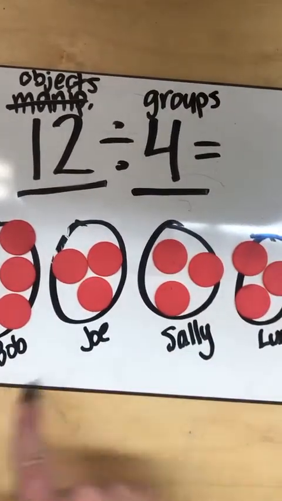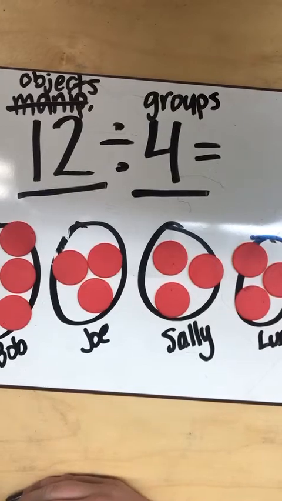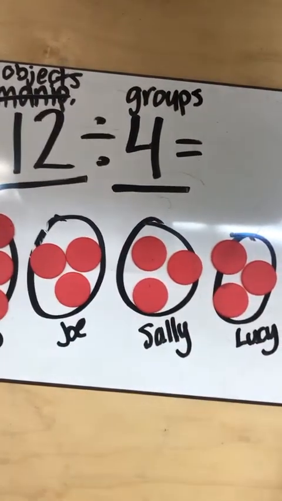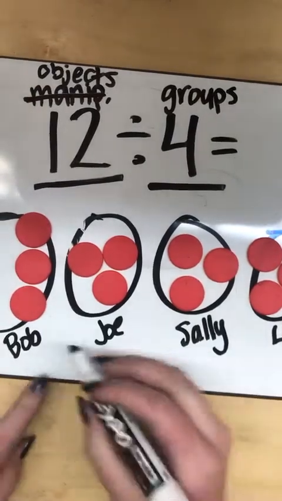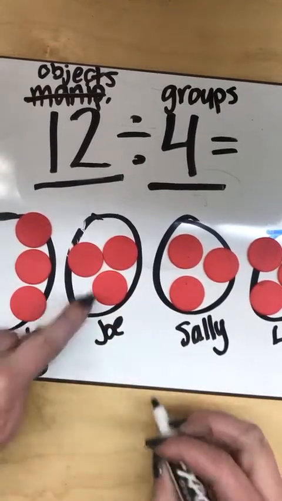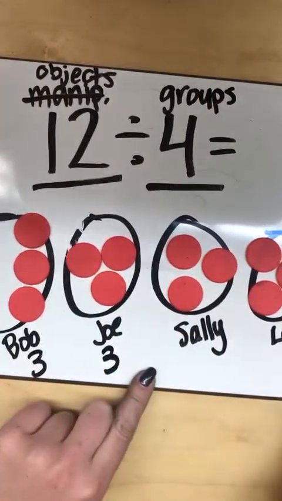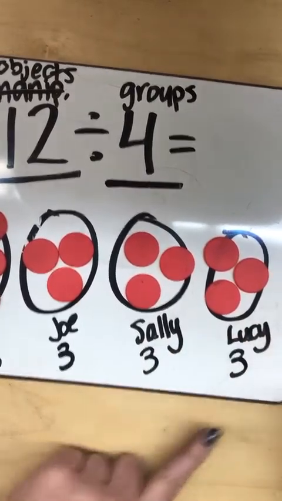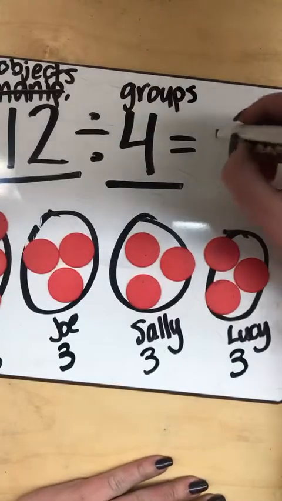Then we'll say, okay, how many are in each group? In Bob's group, there are 3. In Joe's, there are 3. Sally has 3. And Lucy has 3. So how many are in each group? 3.